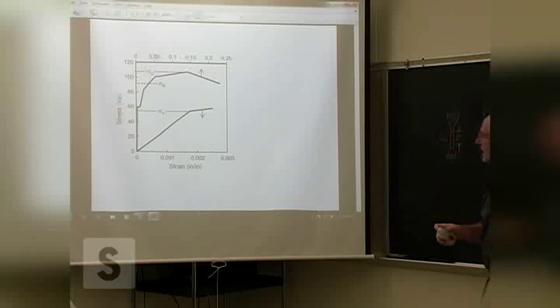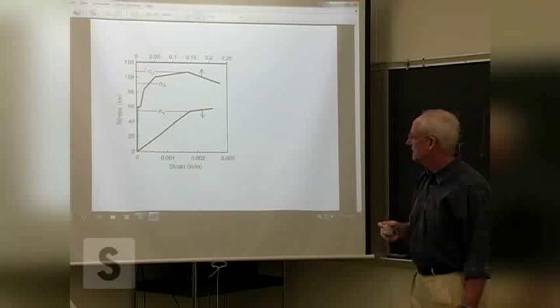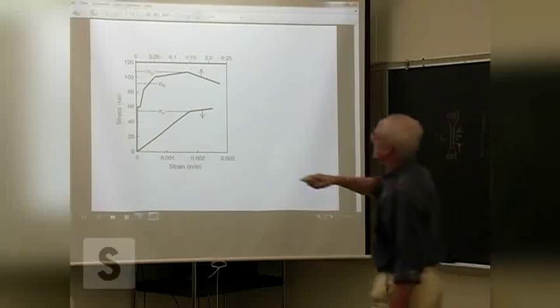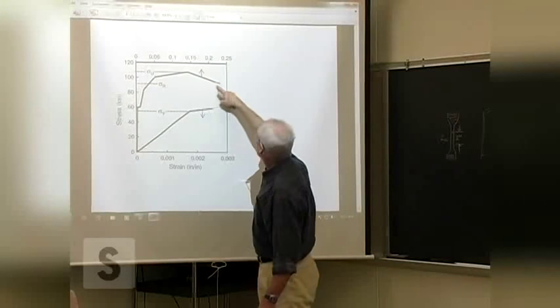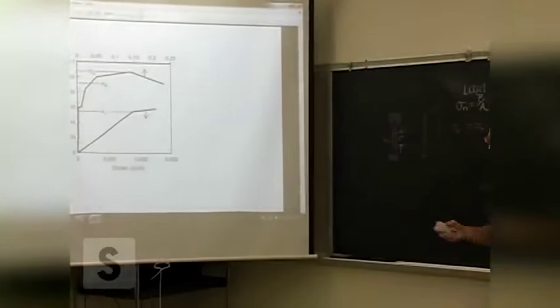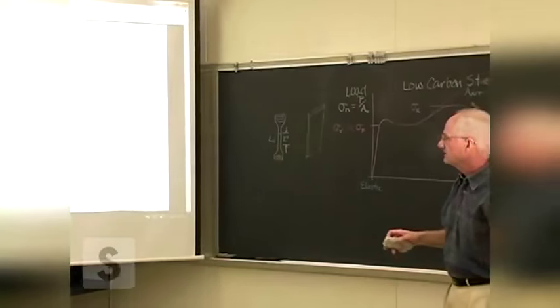And then I think you're also supposed to pick off some of the yield limits and the significant stresses in other places as well. Oh, I think I used an R for rupture stress rather than a B for breaking stress. Different authors use different things.